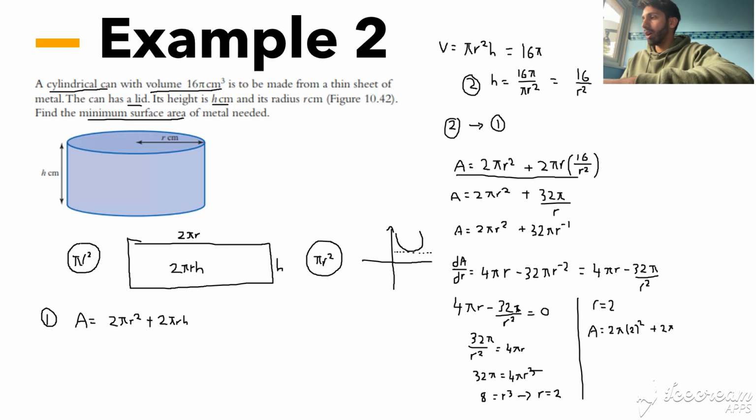So we've got 2 times 2 squared times pi, which is 8 pi.